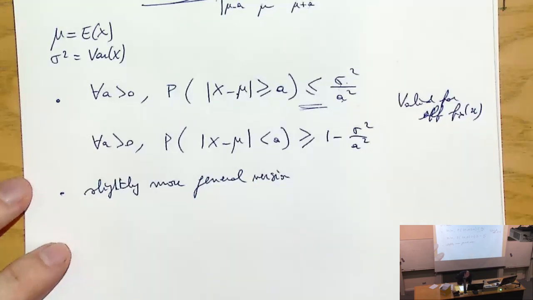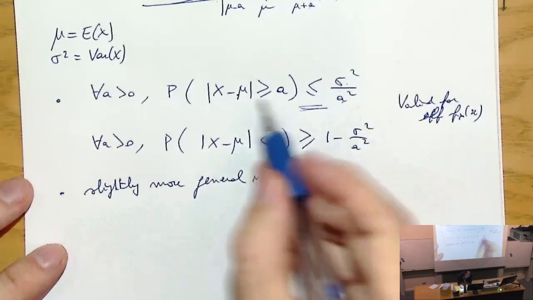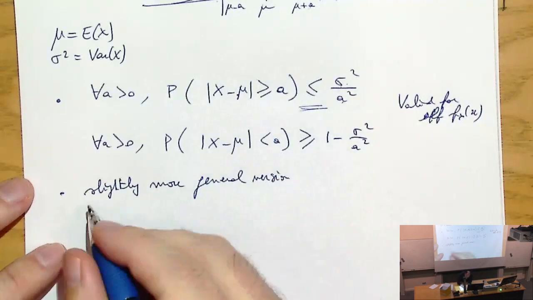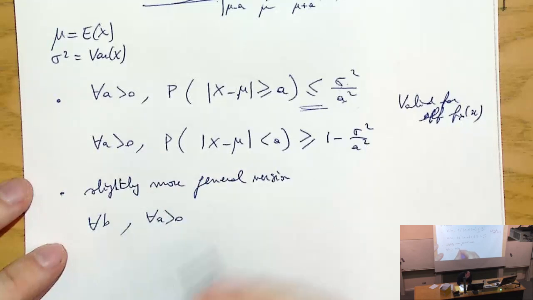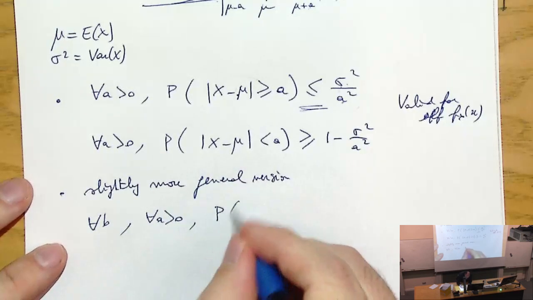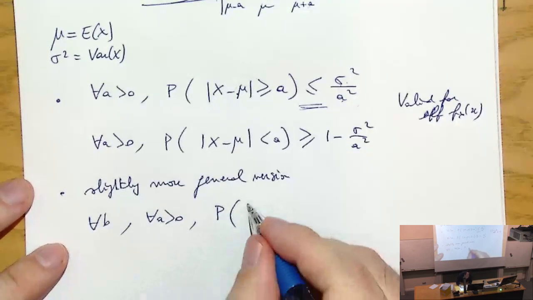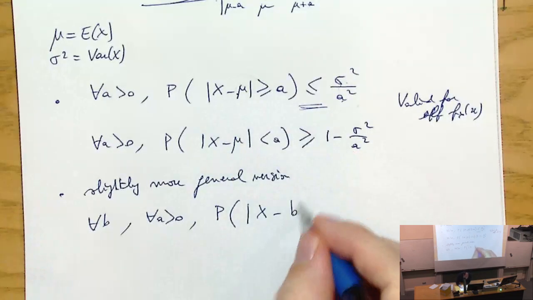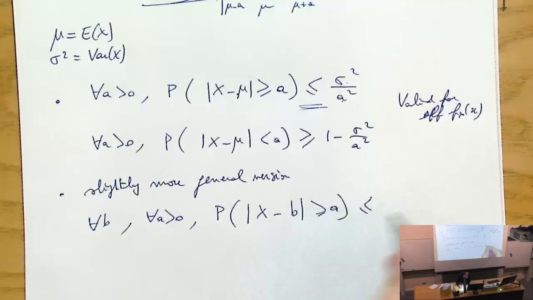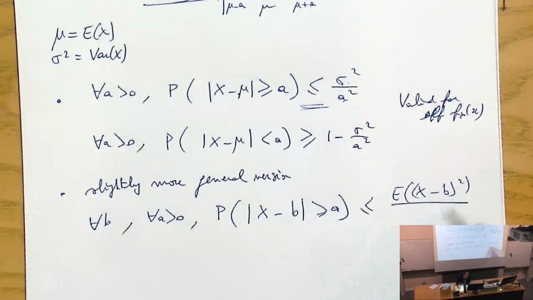But you have a slightly more general version of this that says the following. I will remove the mu here, and I will say if I have any b, for all b, and I have all a positive, what I can write here is the probability of having x minus b, where I replace mu by b, larger than a, is smaller than the expectation of x minus b squared divided by a squared.